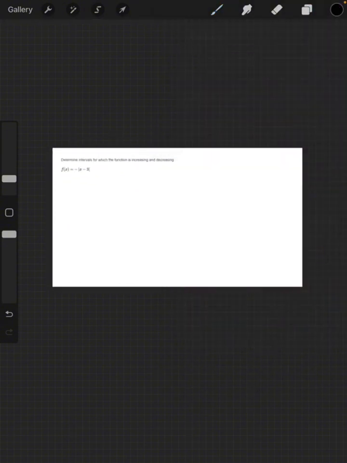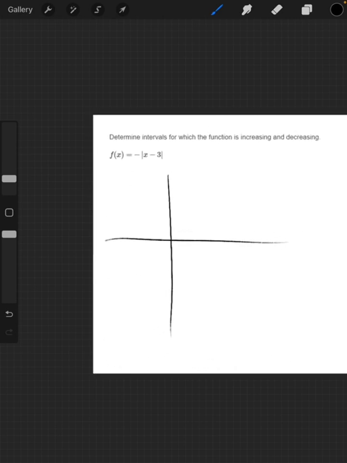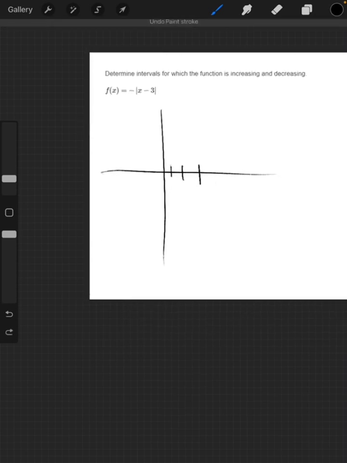Okay. Next one. Determine the interval. Let's graph this. Okay, so the negative 3 right there would shift the whole thing over 3. And then the negative right there, that would flip it over the x-axis.